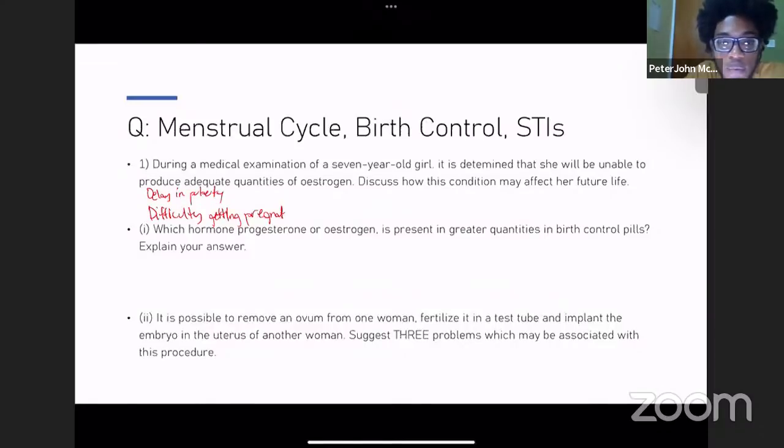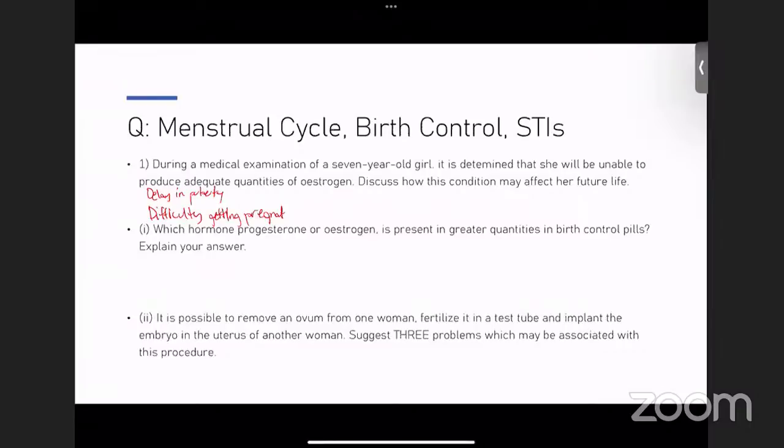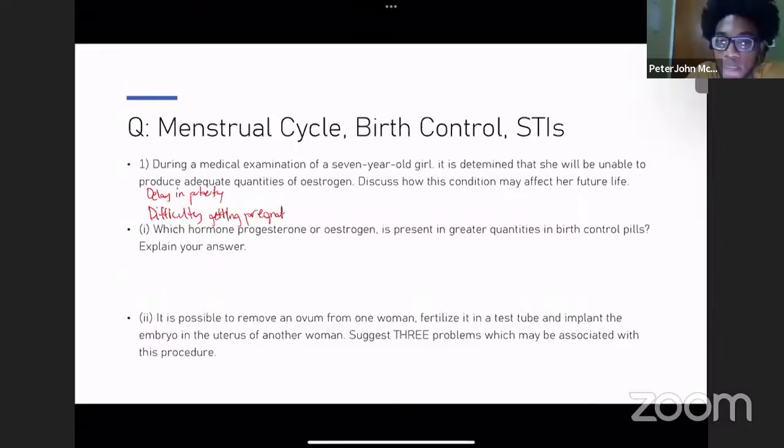You're talking about the FSH and LH and the feedback from estrogen on the pituitary gland, right? Yes, sir. But I wouldn't really put that because, funnily enough, it's not going to slow down.